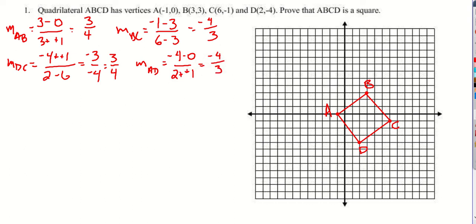So AB and DC have the same slope. BC and AD have the same slope. And we can see that consecutive sides, AB, BC, DC, and AD, all have opposite reciprocal slopes. So we're good to go.